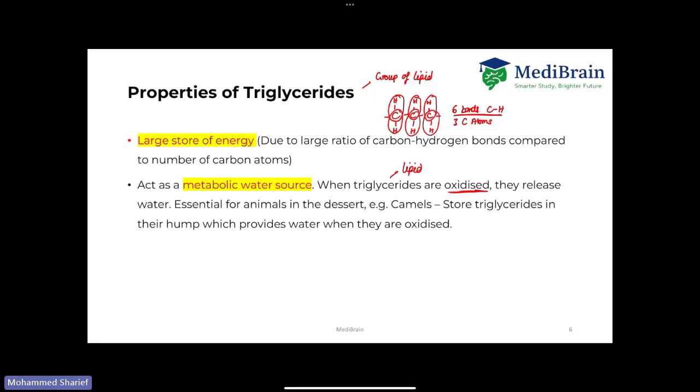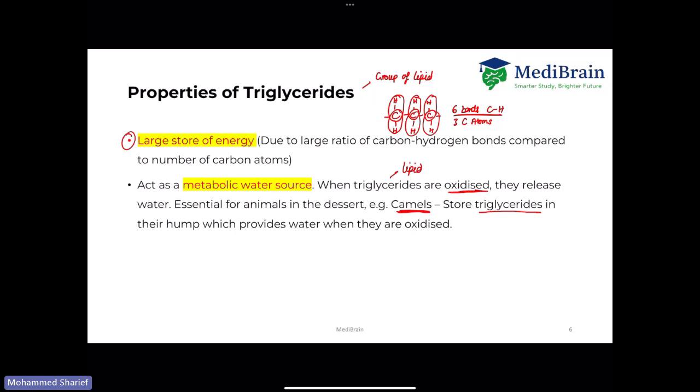Now, triglycerides, common exam question this, they can be used for animals in the desert. Okay, for example, camels, prime example that they love asking you in an exam. Camels have a large store of triglycerides. Why? Because it comes back to this first point that triglycerides have a large store of energy.